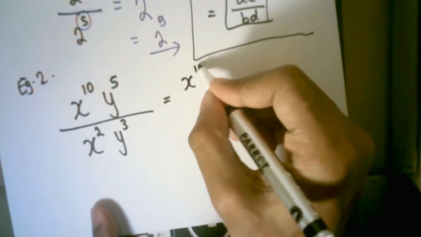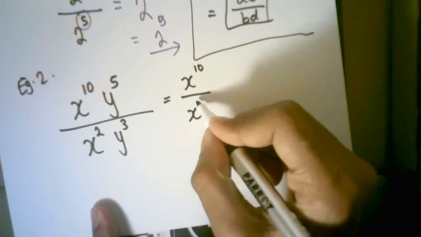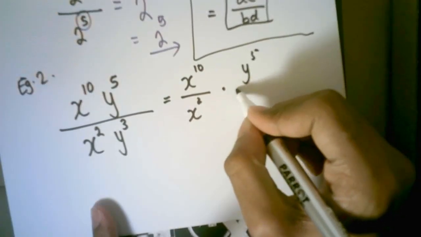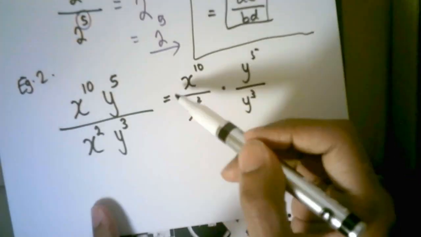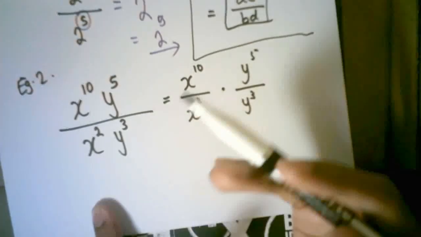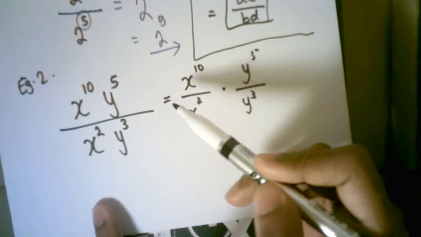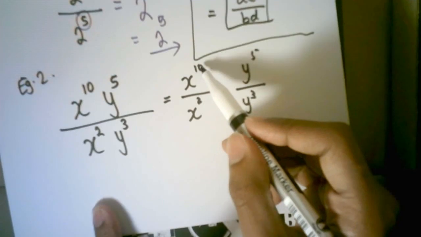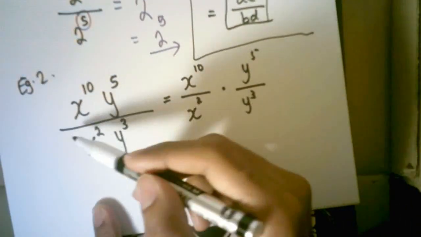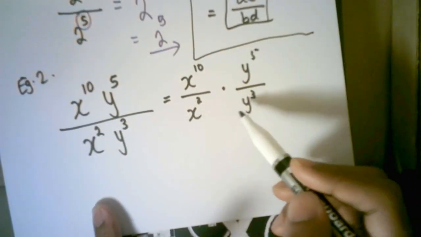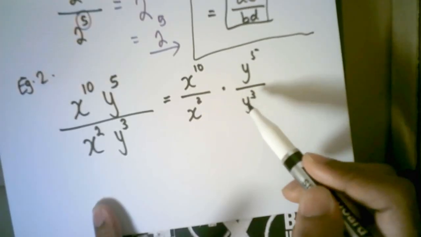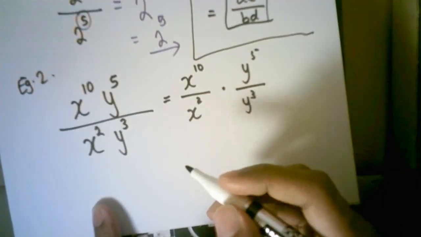This is x raised to the power of 10 over x squared times y raised to the power of 5 over y cubed, and I always say that the equal sign is extremely important. It means that these two are equal to each other, and let's see if they are. Remember, you multiply top of the top, bottom of the bottom. x raised to the power of 10 times y raised to the power of 5 is x to the power of 10 y to the power of 5, all over x squared times y cubed, and that is the solution from there.